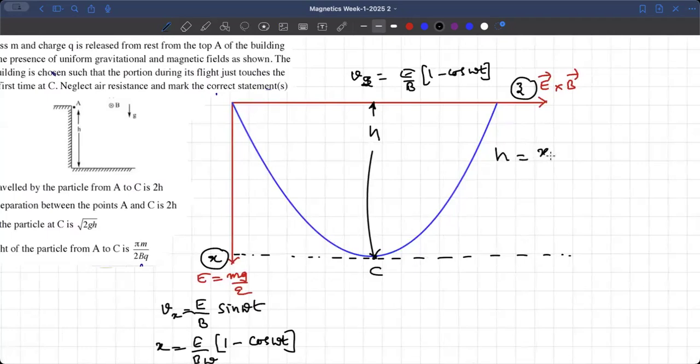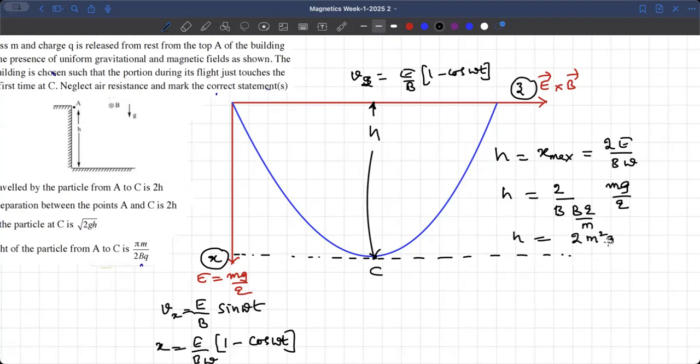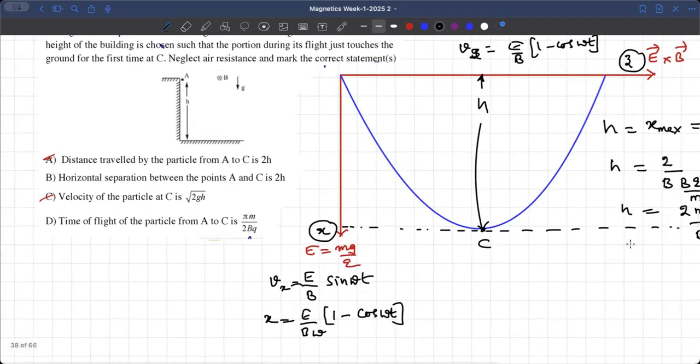H according to me is x max, which is nothing but 2E by B omega, which is nothing but 2E m by B squared q. In the place of E, you have mg by q. So finally, H is nothing but 2 times m squared g by B squared q squared. That is H.